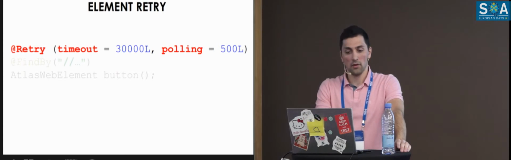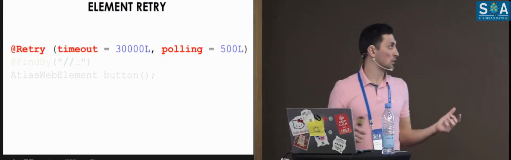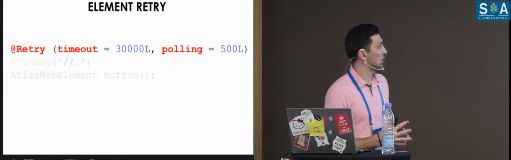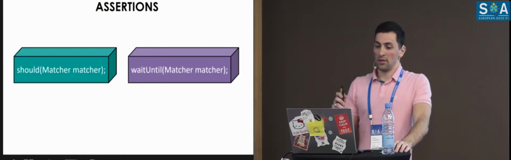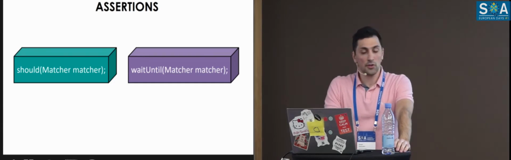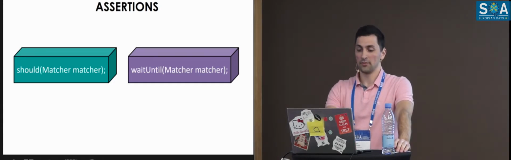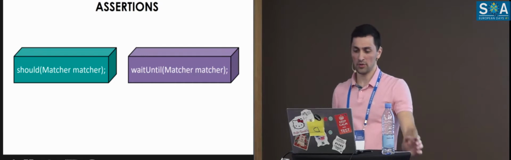About assertions, this tool has 2 methods: should and wait until. Both have a matcher object, and should throws an assertion error, and wait until throws a runtime exception.